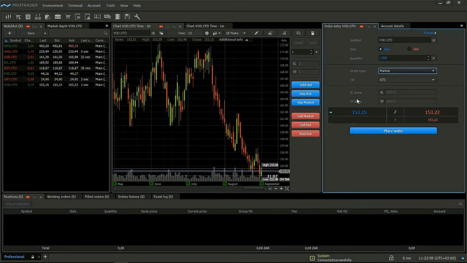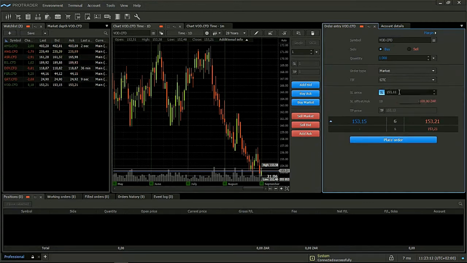Next we see SL price and TP price. SL stands for stop loss and TP stands for take profit. So if I want to activate the stop loss, all I have to do is click on it and now select a stop loss price.